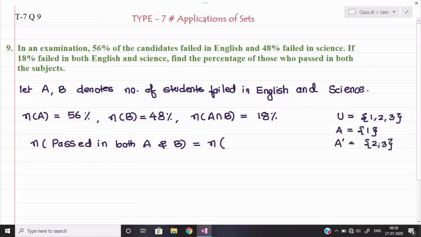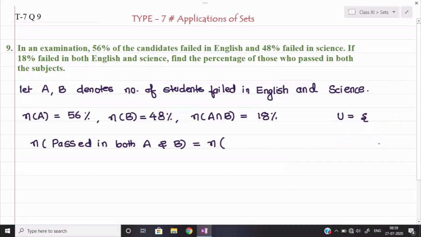Means A dash means those elements which do not come in A but come in U. Similarly, here A dash will denote those students who have not failed, because they are not coming in A. So not coming in A means they are not in the category of failed students. So if we are finding the value of A dash, we are finding those students who are in the category of pass.